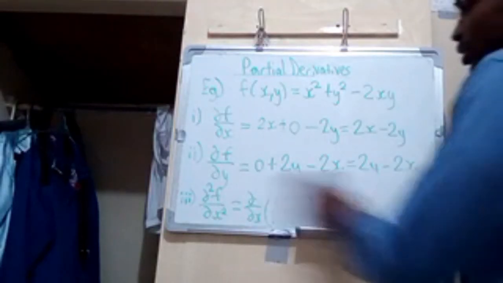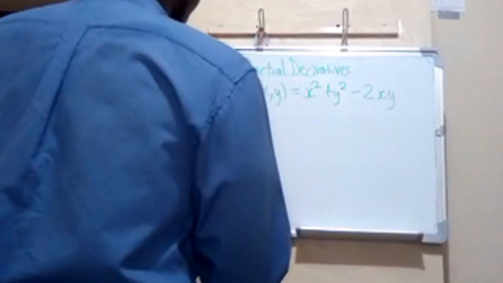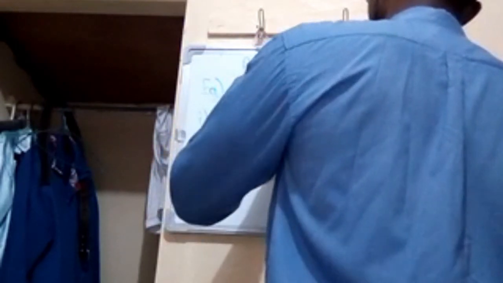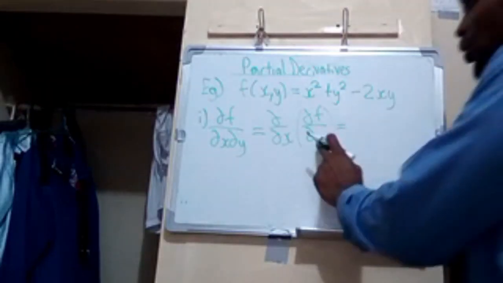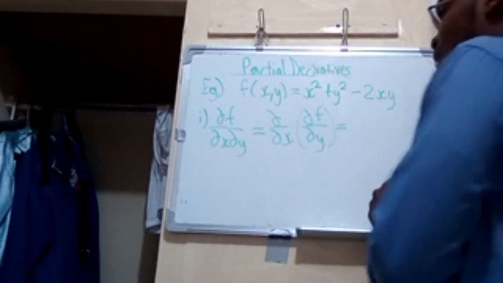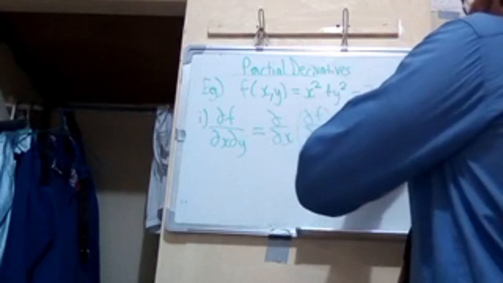Now, finally, let's find ∂²f/∂x∂y. That's equal to ∂/∂x of ∂f/∂y. We said that ∂f/∂y was 2y minus 2x. So we're finding ∂/∂x of 2y minus 2x.